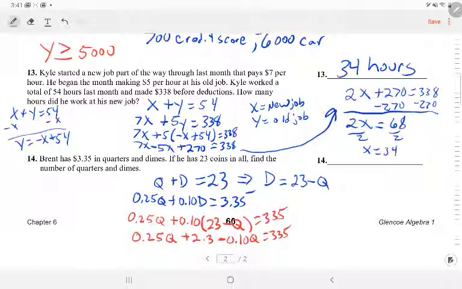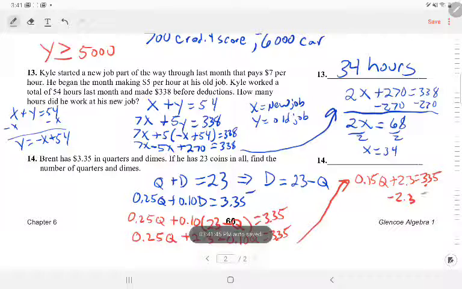Once we combine our like terms, we would get 0.25Q minus 0.1Q, that would be 0.15Q plus 2.3 equals 3.35. Sorry, forgot my decimal in there, didn't I? So 3.35. Then we subtract 2.3.